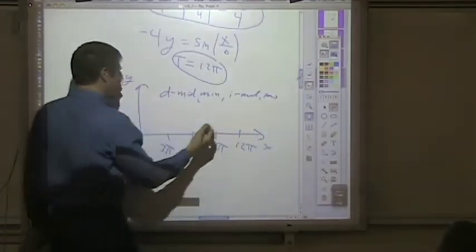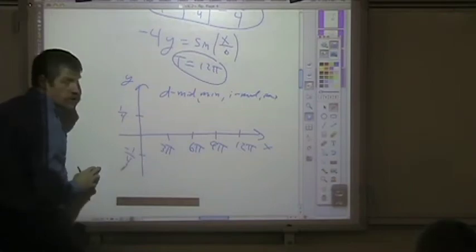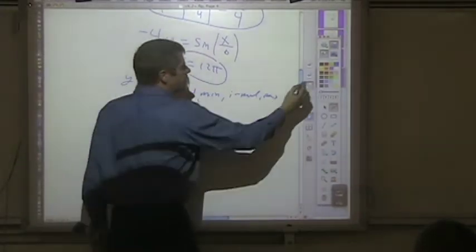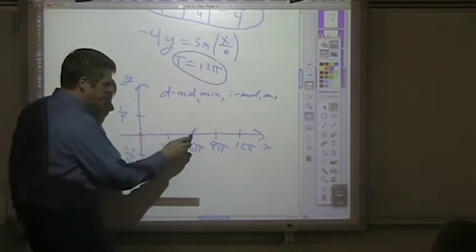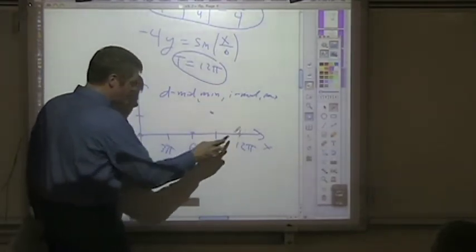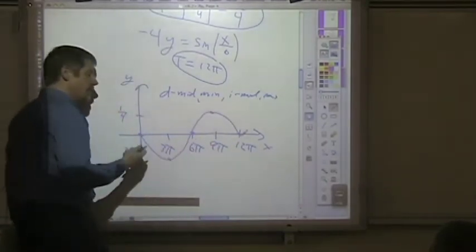It's got an amplitude of only 1/4. So we're going to be oscillating between positive 1/4 and negative 1/4, starting in a D mid. I sometimes like to draw those golf balls first. D mid, min, I mid, max, D mid, and we've got our graph, at least from 0 to 12 pi.